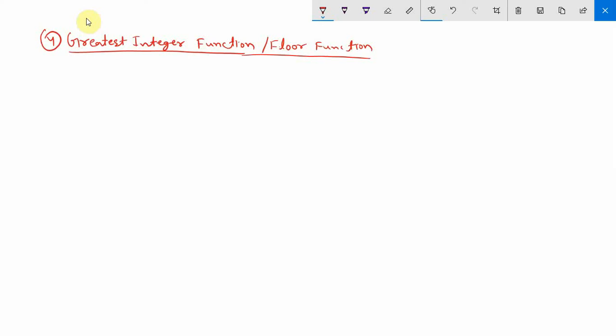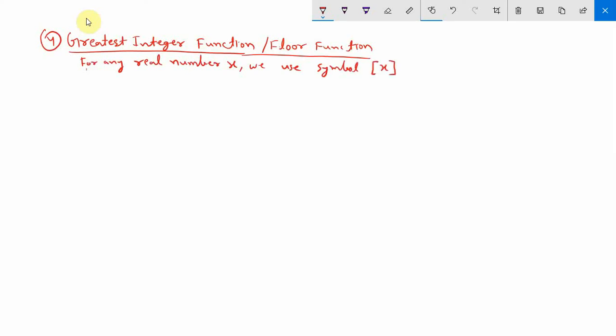So it denotes the greatest integer less than or equal to x. So we can write, for any real number x, we use this symbol.